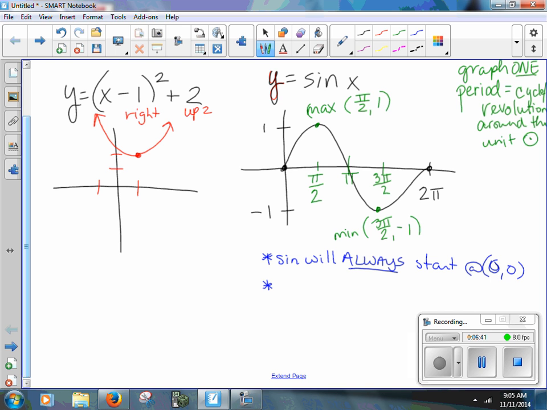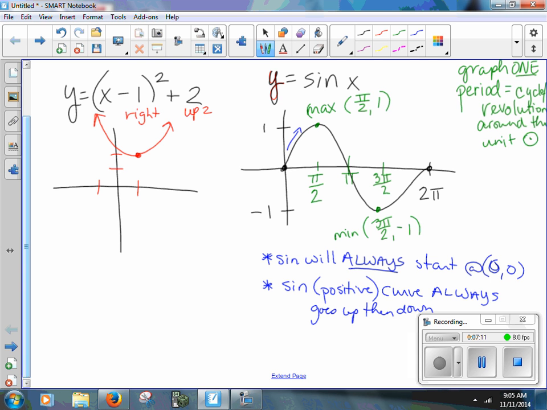Positive sine curve, notice that it always goes up and then it goes back down and then back up, okay? The positive curve goes up then down.